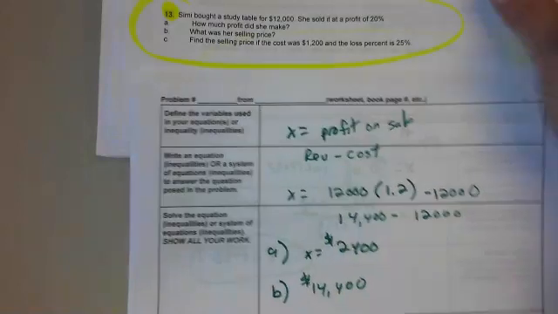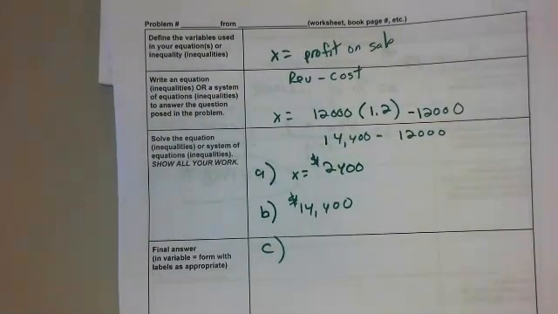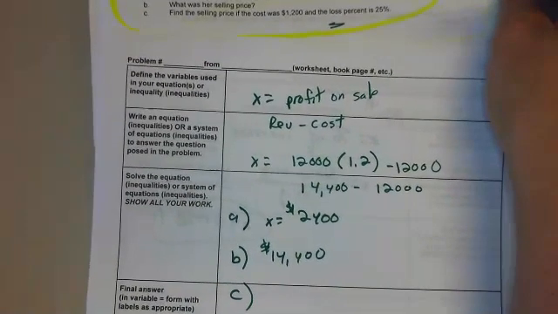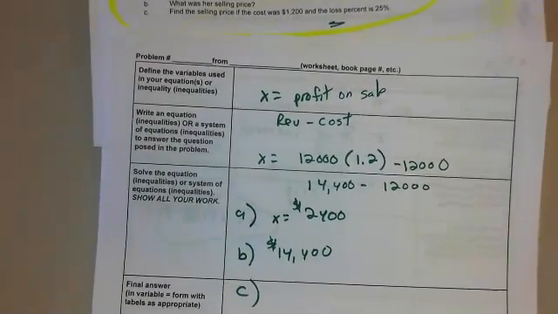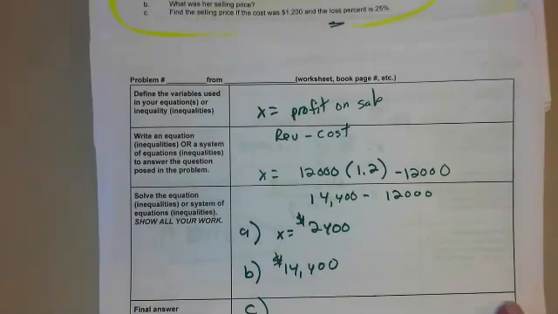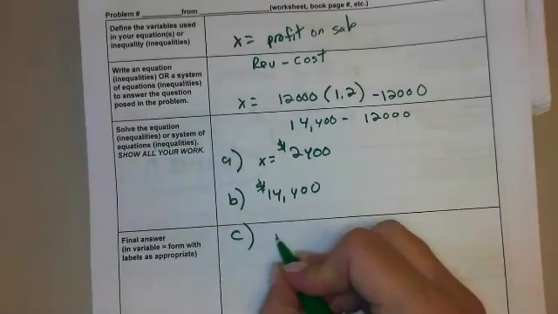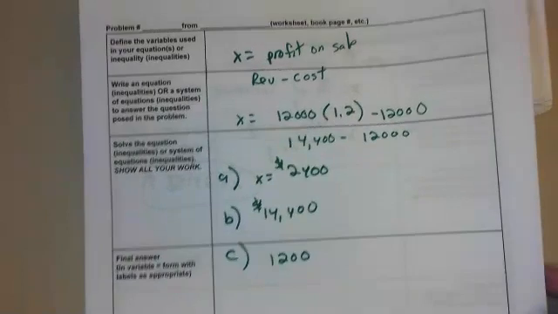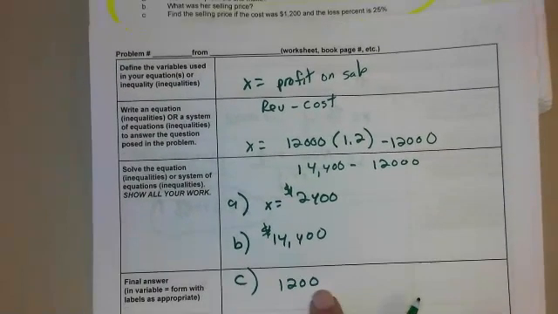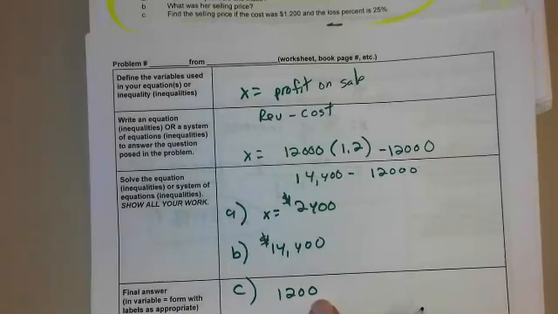Let's look at C. It says, find the selling price if the cost was $1,200 and the loss percent was 25%. So the cost is $1,200, and the loss percent is 25%.